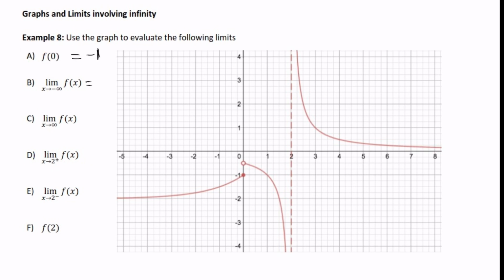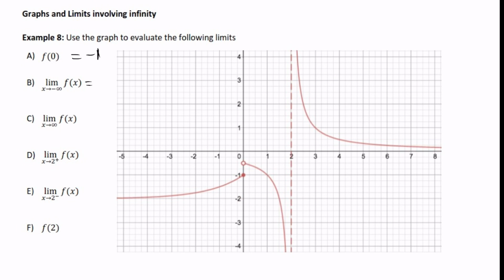So now let's look at question B. It says we should find the limit of f of x as x approaches -infinity. So this is our x-axis, and this is -infinity so far as x is concerned. So as we approach -infinity on the x-axis, our graph will be at what? -2 on the y-axis.